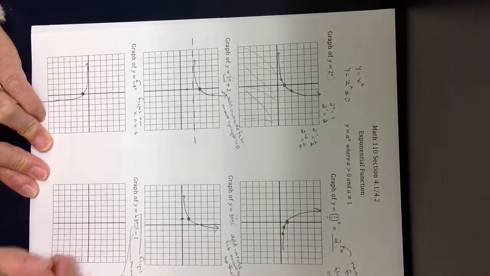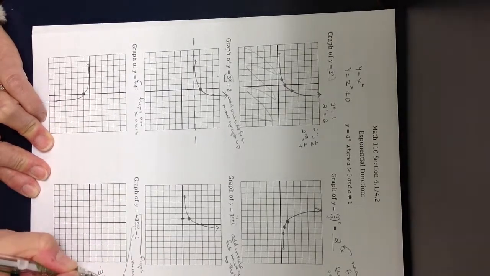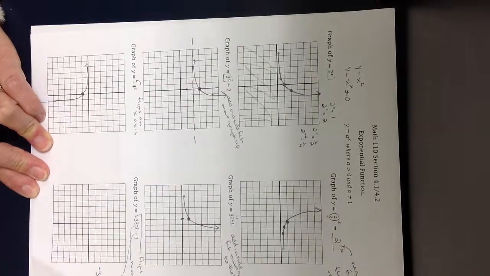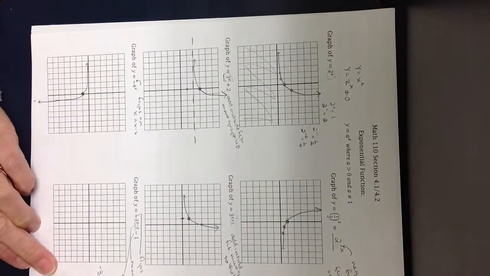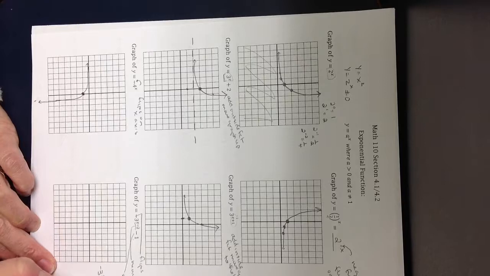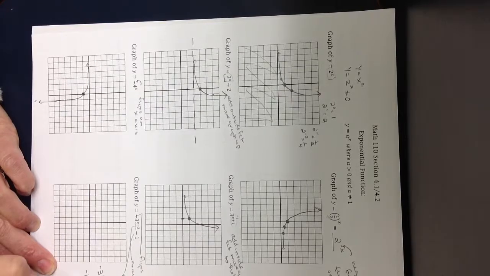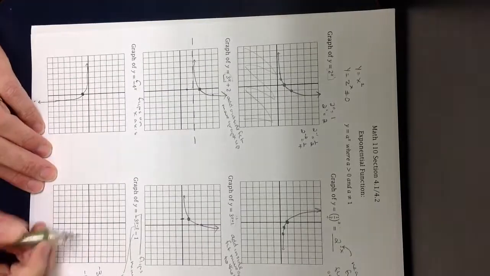So in other words, if I put a 2 in for x, what am I going to get out? Putting a 2 in for x is going to make this 0. 3 to the 0 is 0. So, I'm sorry, 3 to the 0 is 1. It's going to make this 1. So that negative is going to make it negative 1. And I'm going to take away another 1, and I'll get negative 2.